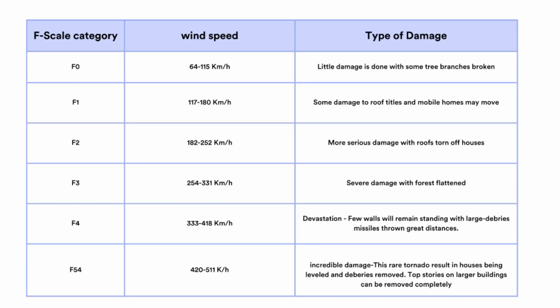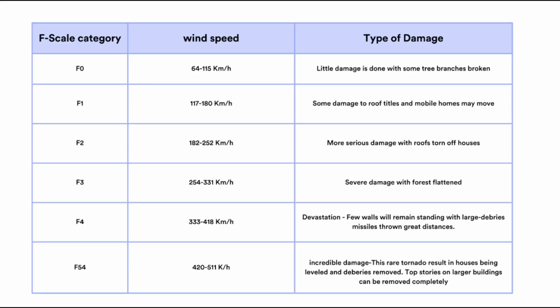So this is called an F-scale graph. If your category is F0, then the wind speed will be 64 through 115 kilometers per hour. The type of damage will be a little damage, like some tree branches broken.